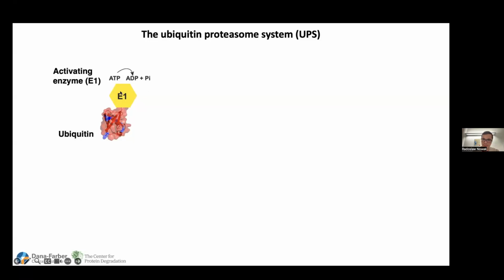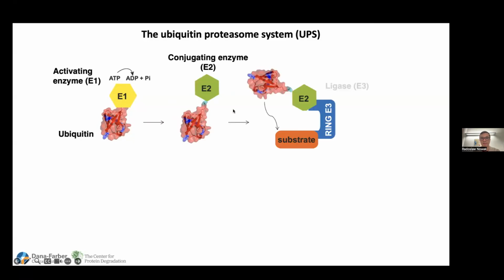So it's effectively a way of targeting proteins with ubiquitin that results in different cellular functions. It starts off with an E1 activating enzyme that turns over ATP to ADP and charges ubiquitin, transfers that to an E2 conjugating enzyme, and that E2 subsequently binds an E3 ligase, and then ubiquitin is transferred to a substrate.